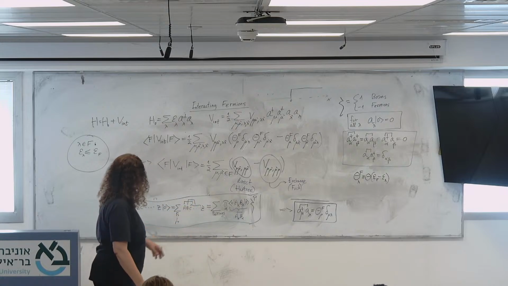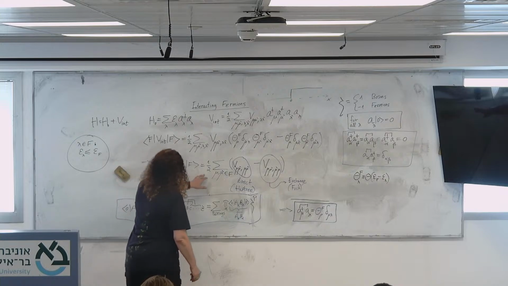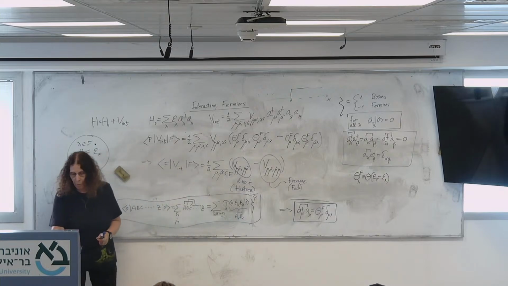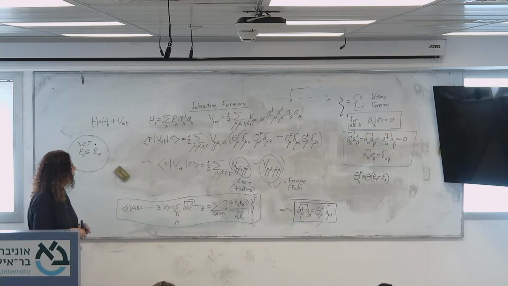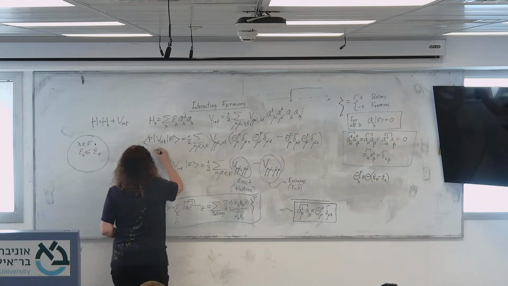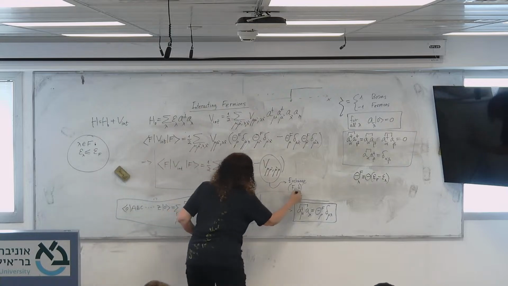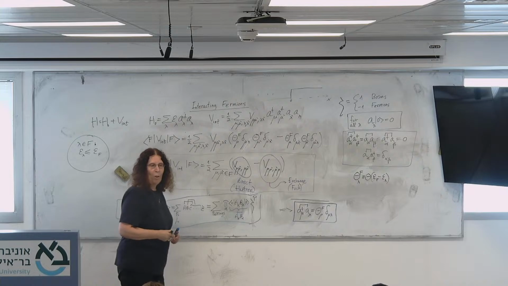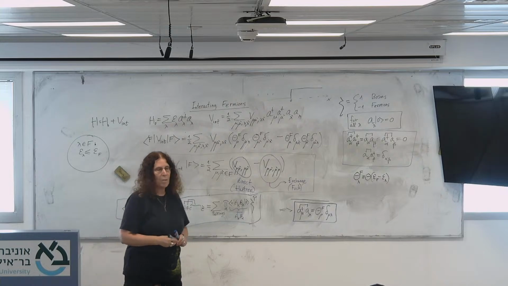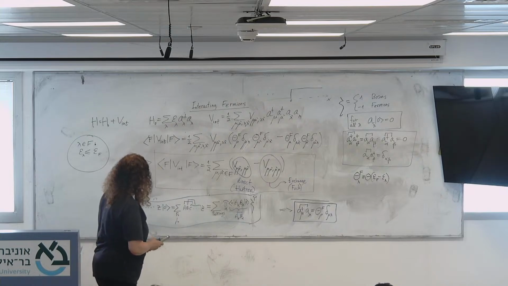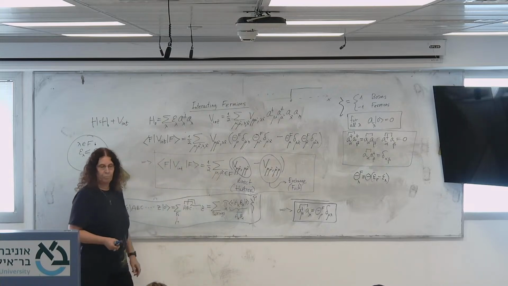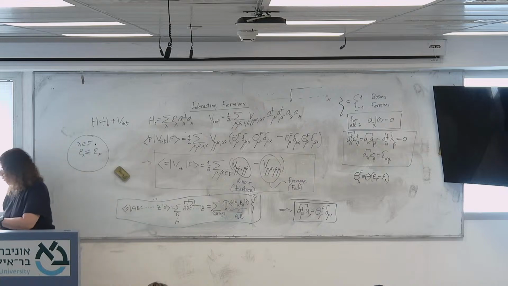Okay, I don't know if I'll get to it today, but basically we can, and that's all we need to know. Okay, so that's a formula for any system of interacting fermions and any type of quantum numbers.